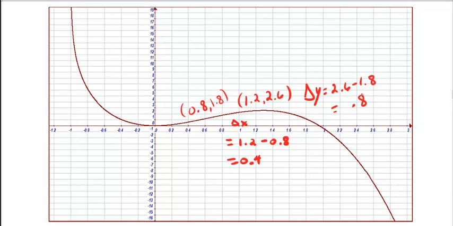That's 0.8. And of course then the slope is delta y over delta x. That's 0.8 over 0.4, which is 2. And of course the g prime at 1 is approximately the same as the slope of that. So we get 2 for the derivative.